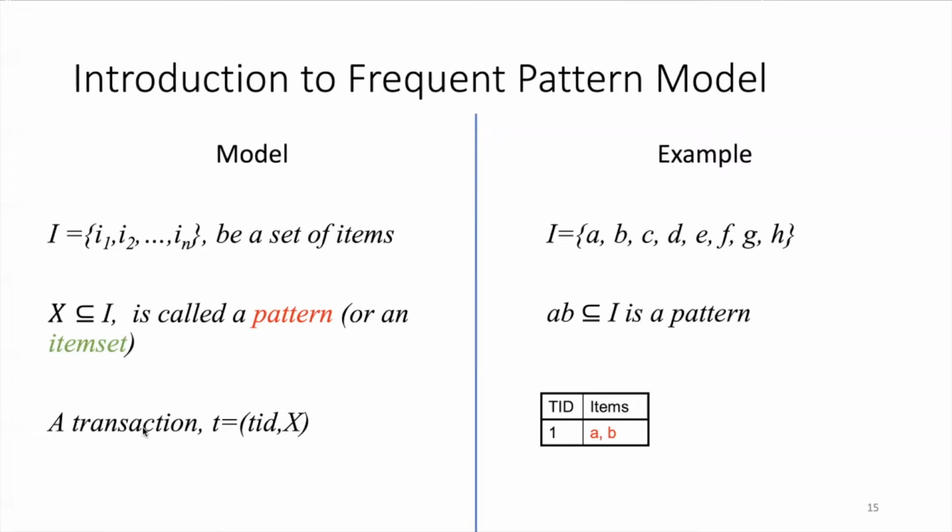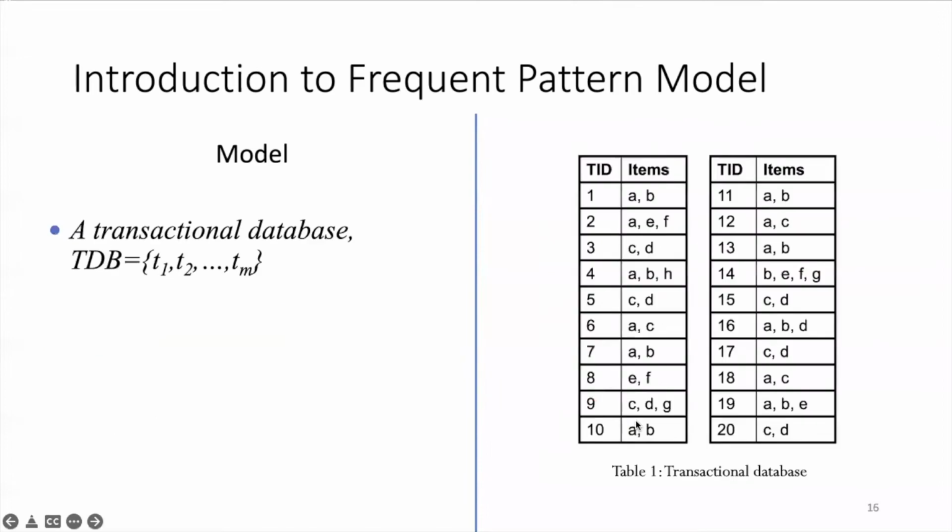Then a transaction T is a pair of transactional identifier and a pattern. And when we say a transactional database, it is basically a collection of transactions. So in this transactional database, we have 20 transactions.